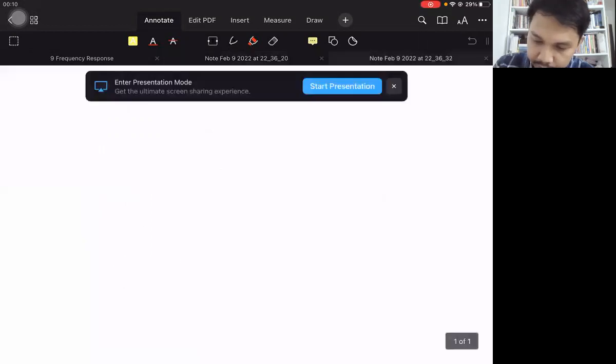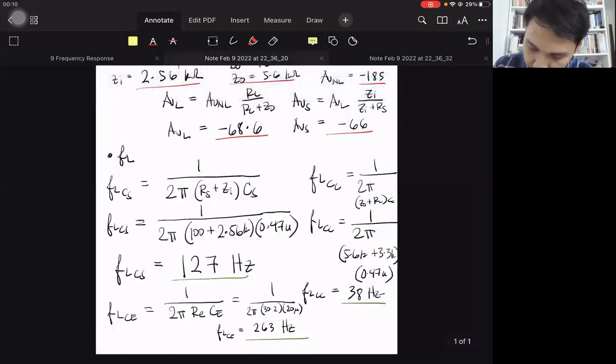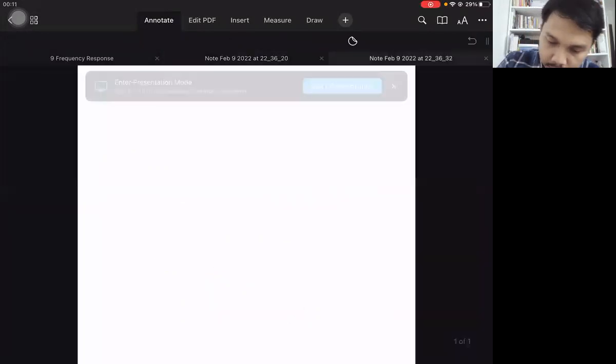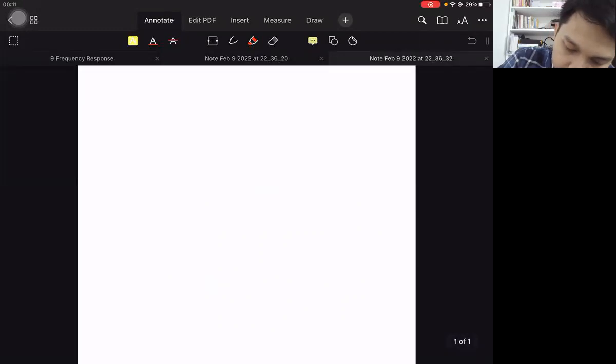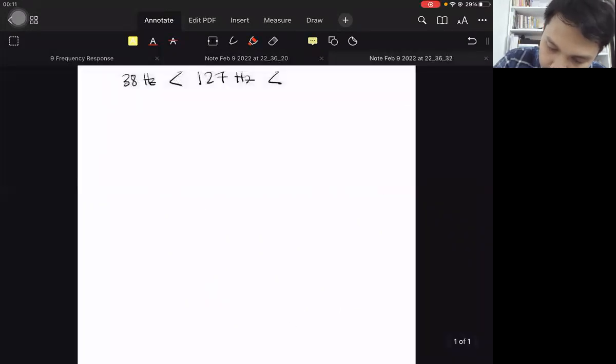Then 37, 38, 127, 263 hertz. 38 hertz is less than 127 hertz, which is also less than 263 hertz.